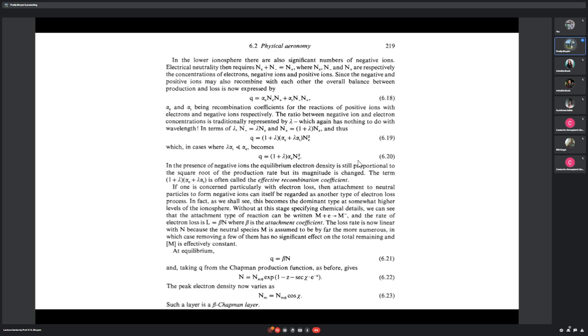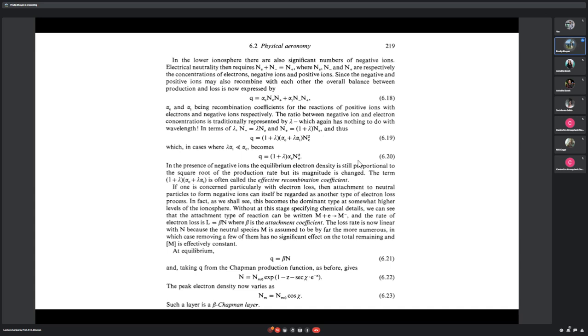Therefore, your Q becomes, instead of only one alpha, 1 plus lambda into alpha E plus lambda alpha I, Ne square. Earlier, what we have seen, we will go back to that discussion again.